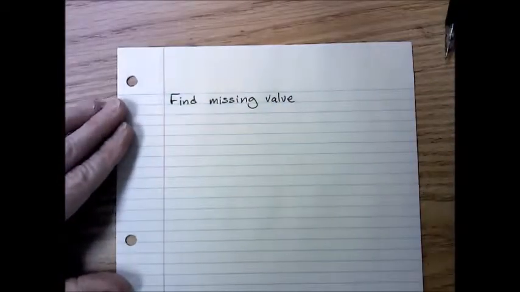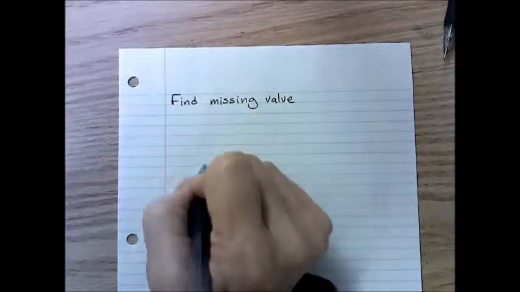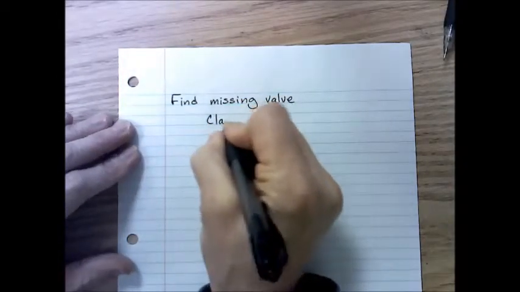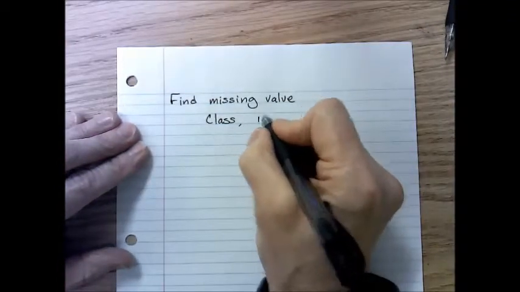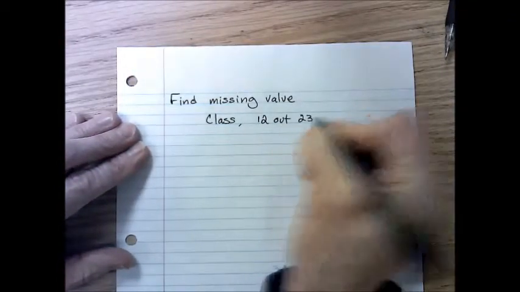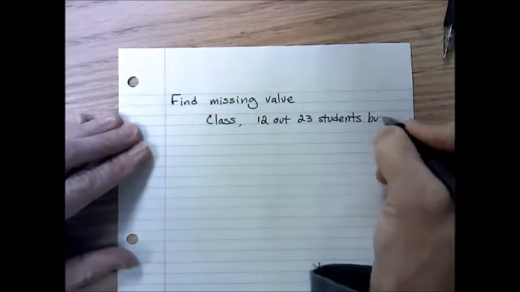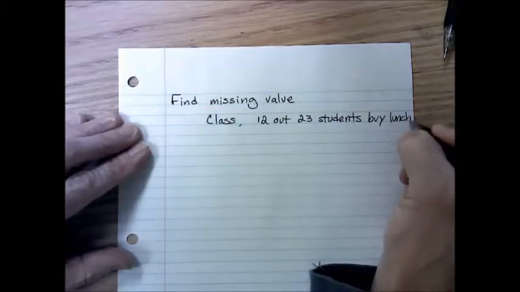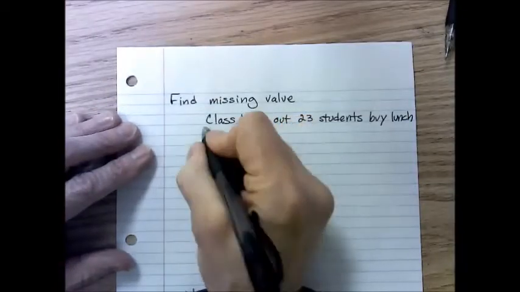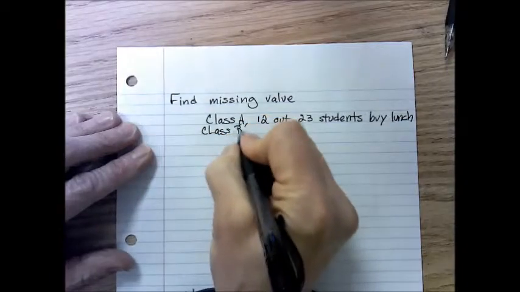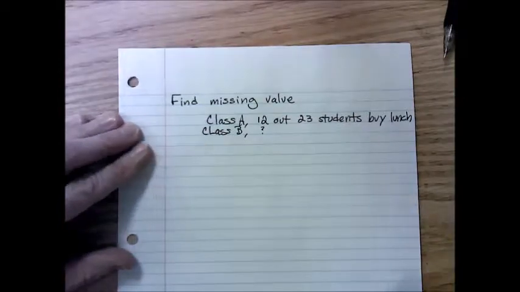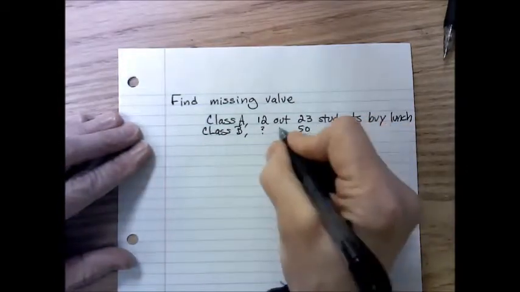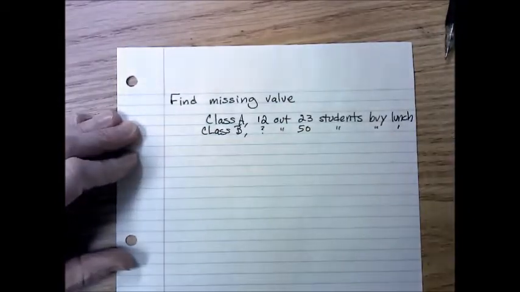So let's say that we had a Class A, and in Class A we have 12 out of 23 students who buy lunch. In Class B, we have an unknown number of students out of 50 who buy lunch.